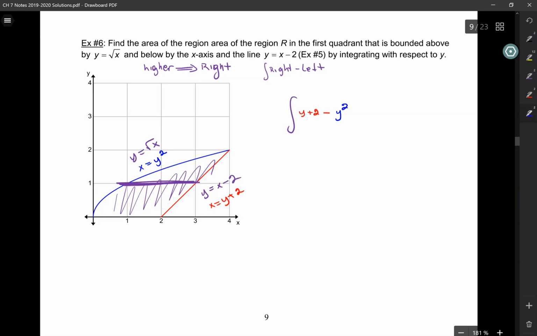And how long does this whole thing last? It goes from 0 to 2. But now I need to integrate with respect to y, so it's dy. And if this is the area, when you plug it in, sure enough, it's 3.333.